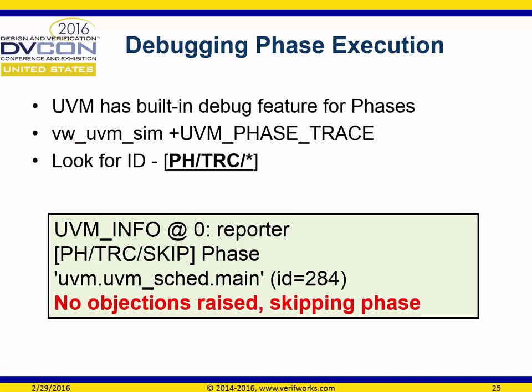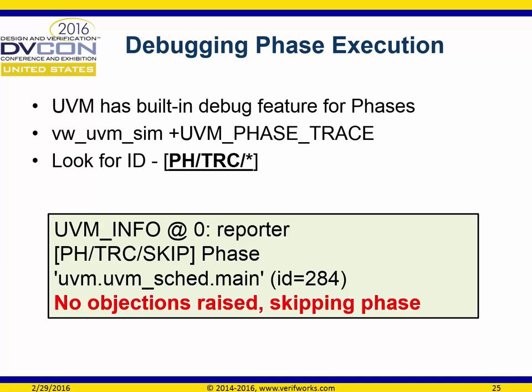Now you might wonder, how do you debug this? There are a couple of tricks to debugging this. One of the ways to debug this is to use the phase tracing. The phase tracing is built into UVM. What you can do is turn on a switch, and when you turn on the switch, you will get a bunch of messages in your log file regarding the phases themselves.